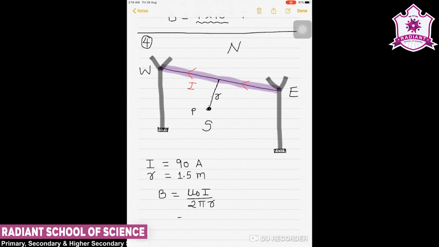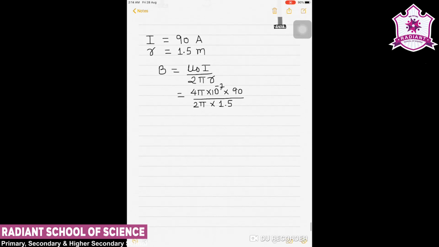Now we are given values. Mu 0 is 4 pi into 10 raised to minus 7, into I, which is given as 90 ampere, over 2 pi r, where r is 1.5. So in this case, what will be our answer?